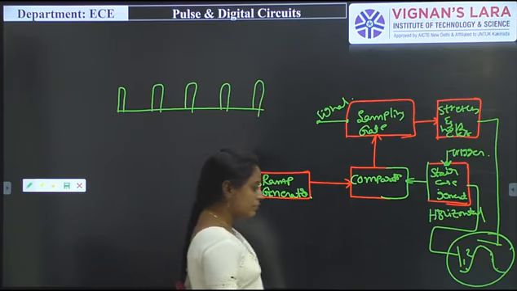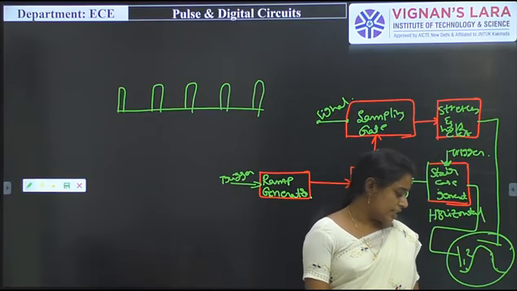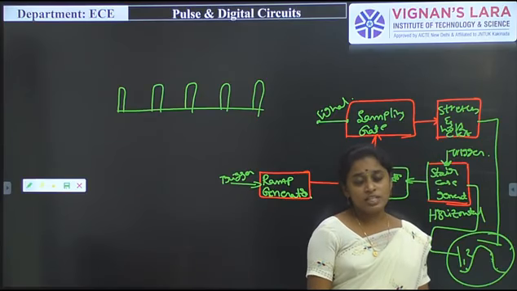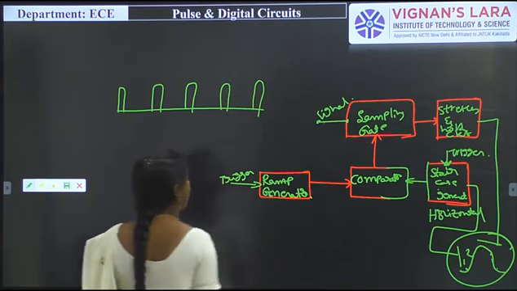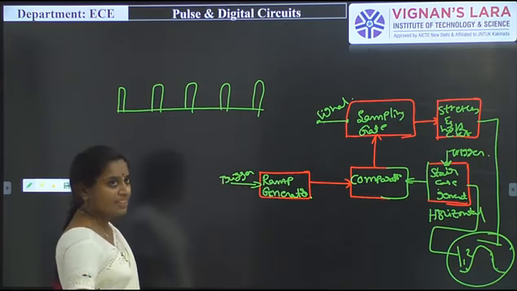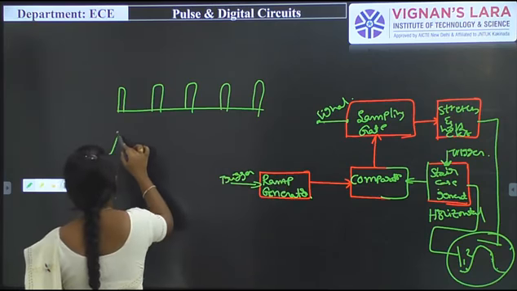After that, I am giving the signal to be observed. Whatever signal we have to observe will be given to the sampling gate. That is very important. So that signal we have to take like this.